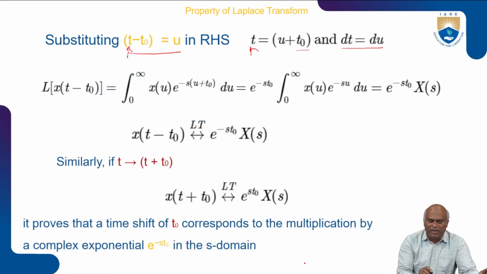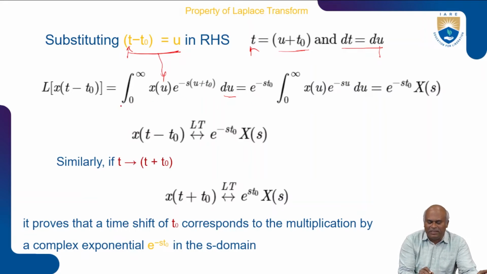So what will happen? The Laplace transform of x of t minus t0 is equal to the integration from 0 to infinity of x of u, and here instead of t I substitute e power minus s times u plus t0. Then dt in terms of du is substituted here.